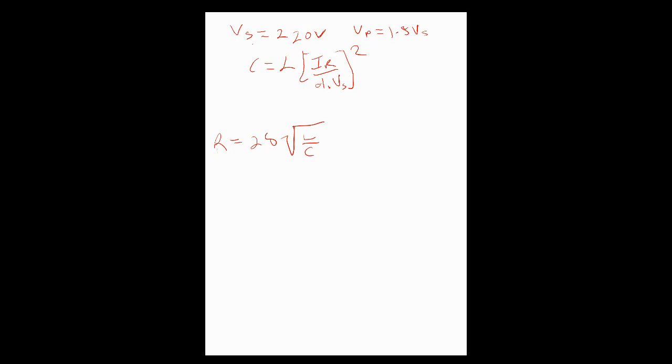You want to constrain it, suppress it, at this level. It should not exceed that. So the ratio VP to VS is 1.5.